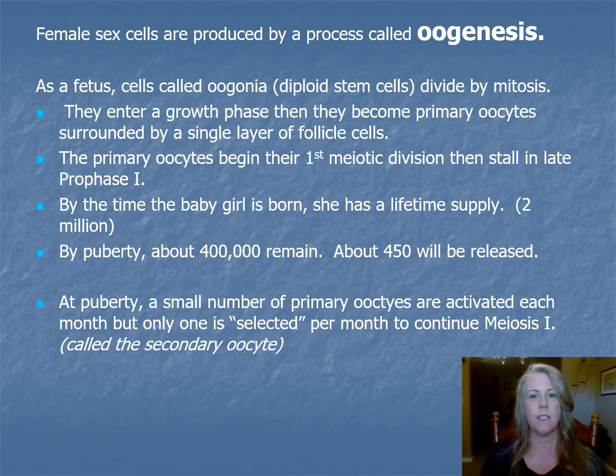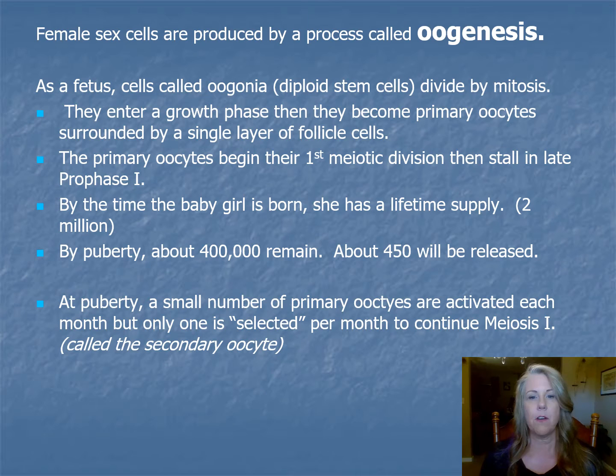As a fetus, cells called oogonia, the diploid stem cells, divide by mitosis. They enter a growth phase, then become primary oocytes, surrounded by a single layer of follicle cells. The primary oocytes begin their first meiotic division, then they stall in late prophase 1.